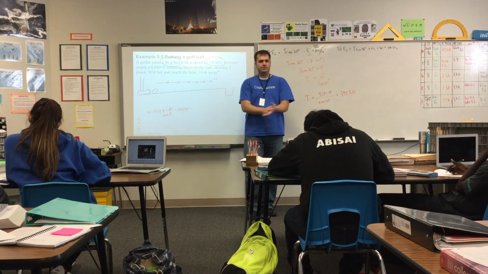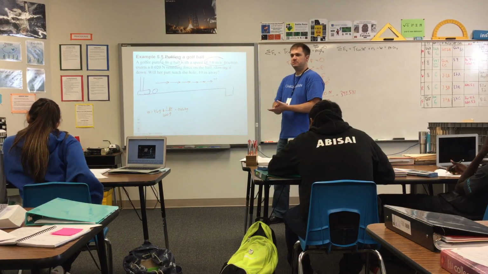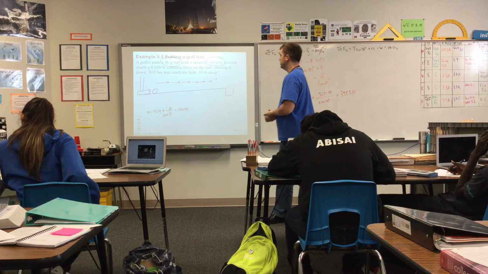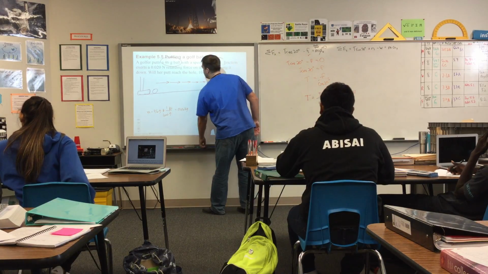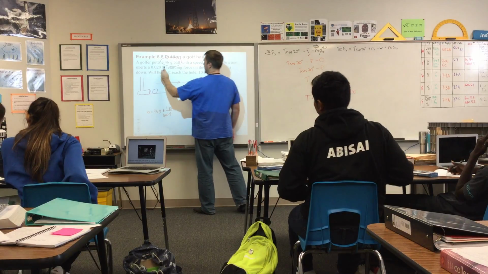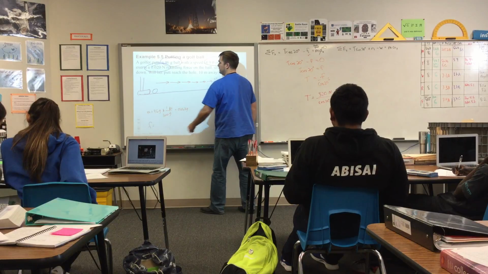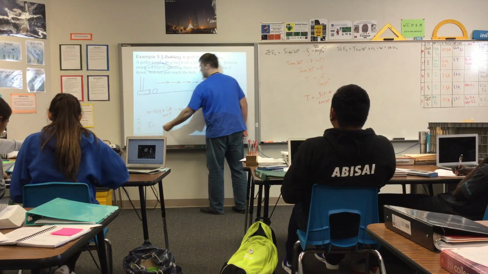Okay, what are some other things that we do when we're solving physics problems? Write down our knowns and unknowns, okay. So friction exerts a force, normally we use letter F, of 0.02 newtons.